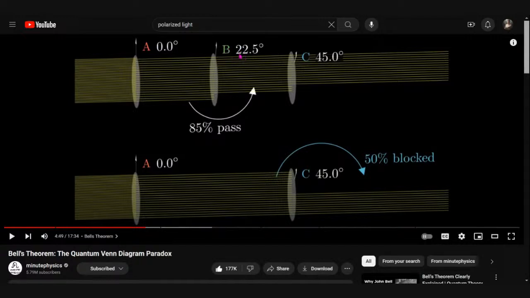I'm setting her to 22.5 degrees. That means you ask the people what their degree is. If it's 22.5, you let them in. If it's 0, they're off by 22.5, so it's 85%. The people that came in at 0 from filter A have an 85% chance.